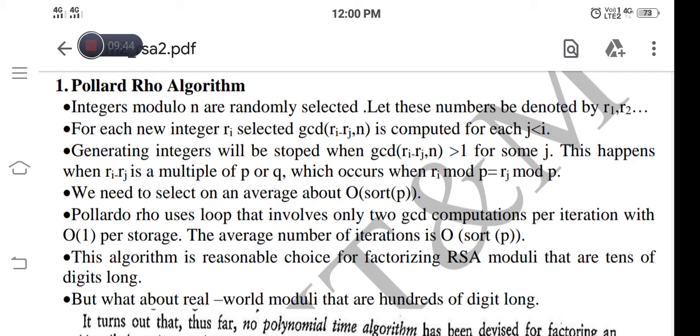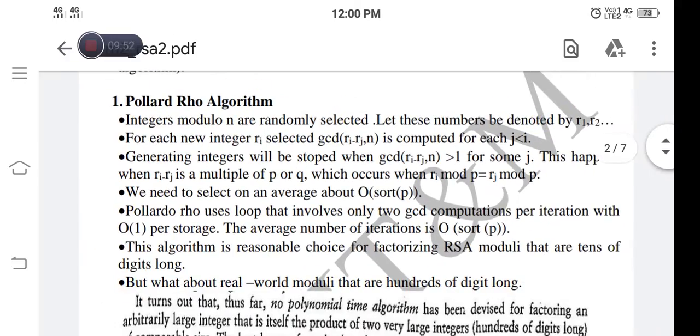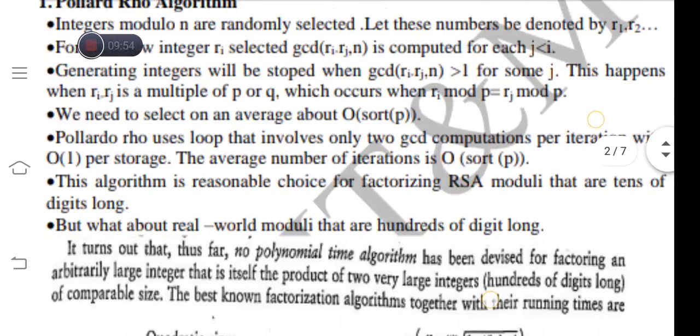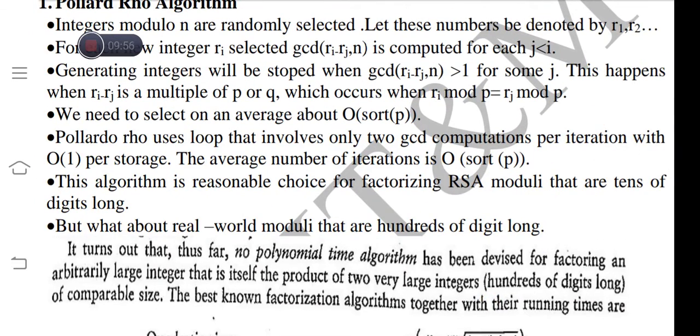And this Pollard-RHO algorithm is a reasonable choice for factorizing RSA moduli that are tens of digits long. That is the limitation of this Pollard-RHO algorithm.